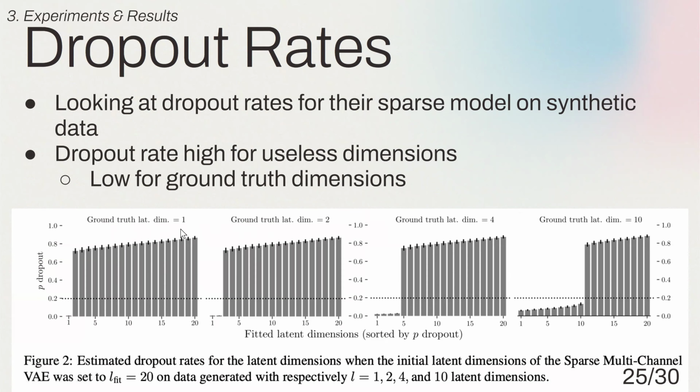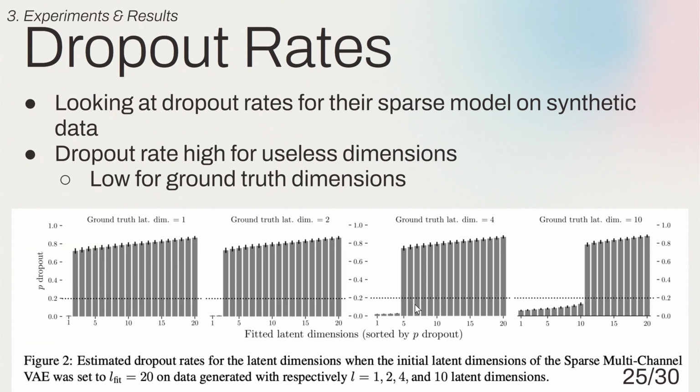For example, they made a latent space that was only 1 dimensional, but then they made the hidden layer of their model up to 20 dimensions, while the true ground truth was only 1 dimensional. They wanted to see which activations actually got dropped by their sparse model, and they see that very frequently the extra dimensions got dropped.